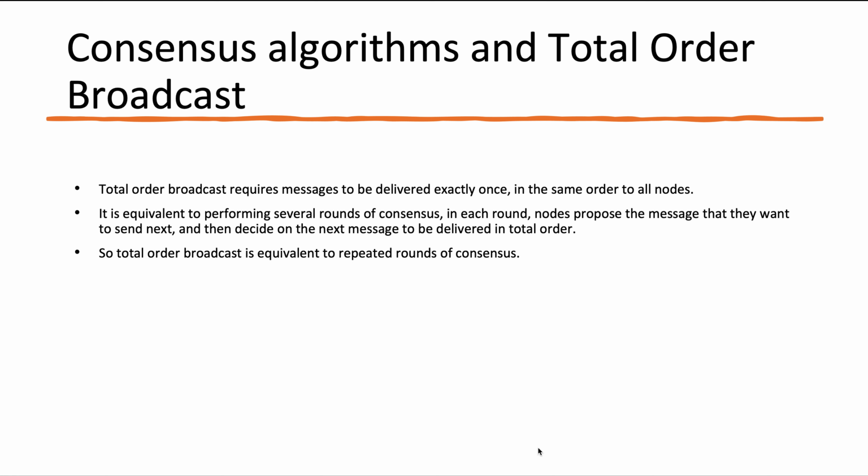So total order broadcast is equivalent to repeated rounds of consensus. How? Let's see. Due to the agreement property of consensus, all nodes decide to deliver the same messages in the same order. Due to the integrity property, messages are not duplicated. Due to the validity property, messages are not corrupted. And due to the termination property, messages are not lost.